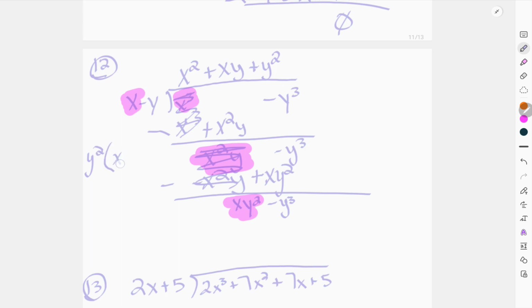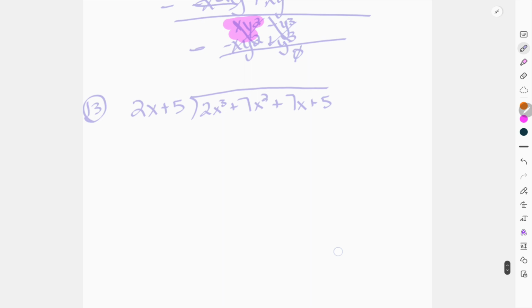So y squared times x minus y. Y squared times x. Y squared times negative y. Remember, I'm going to subtract, so these signs are going to change, leaving me with 0.